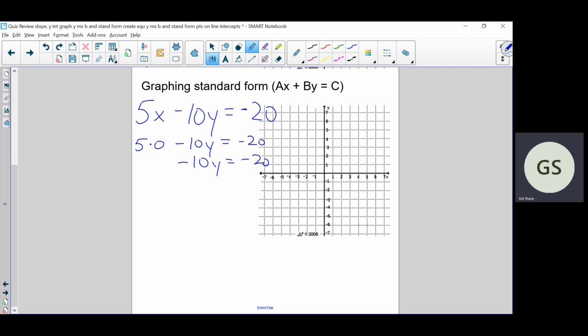Now, to solve that, what do I do? Solve for y. How do I solve for y? I always think this is easy, but sometimes it's harder because we don't see it as often. It's the last step of a two-step equation. We would divide. This is negative 10 times y.